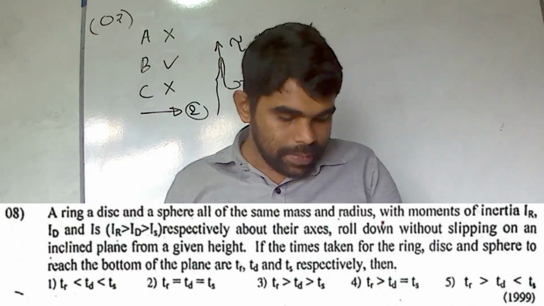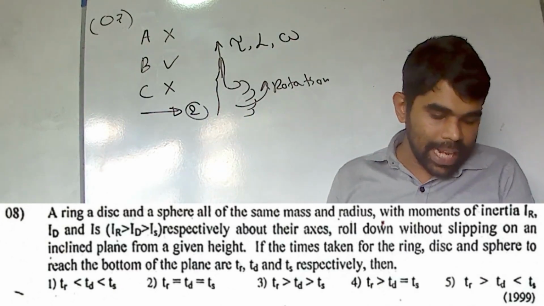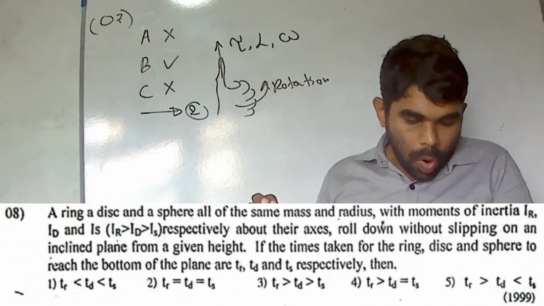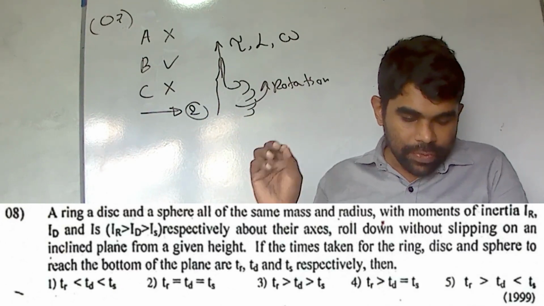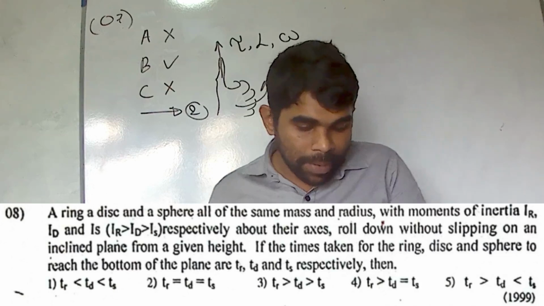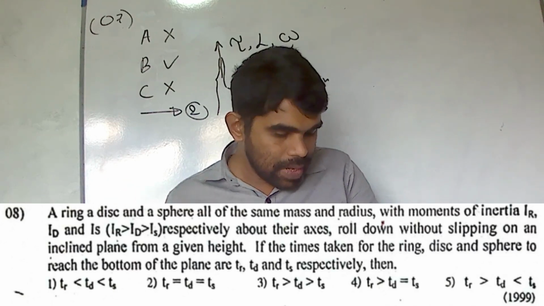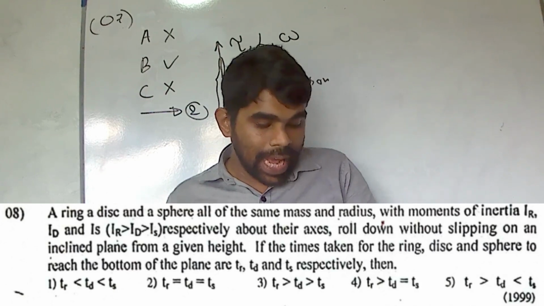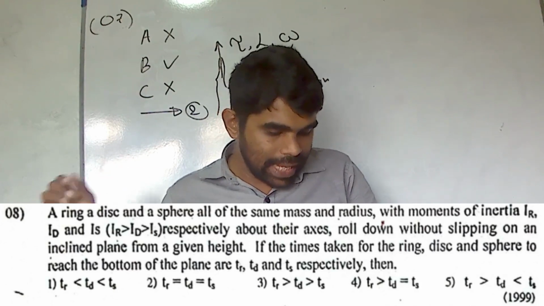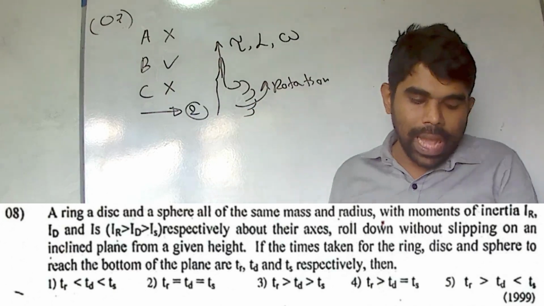Question number 8. A ring, a disc and a sphere, all of the same mass and radius, with moments of inertia IR, ID and IS respectively. IR is the greatest value, then ID and IS, about the axis.